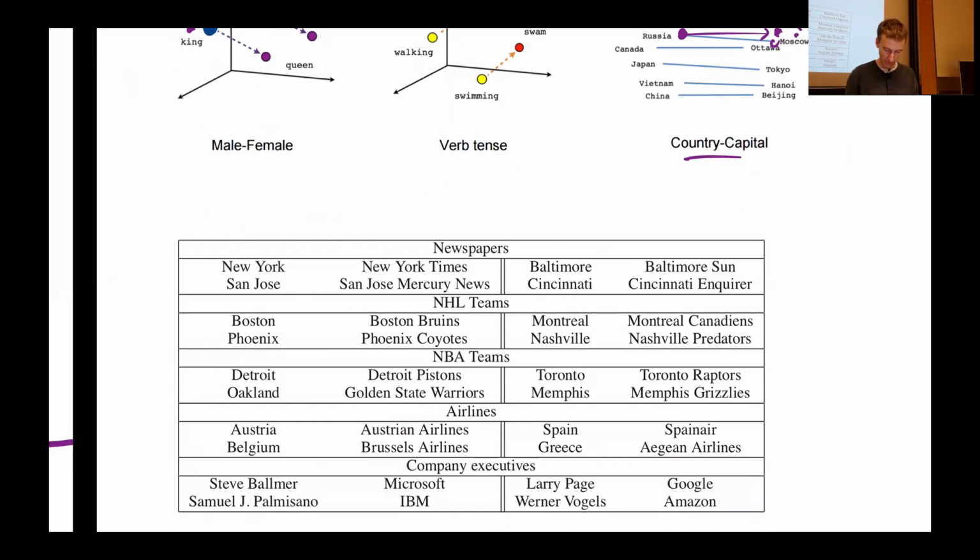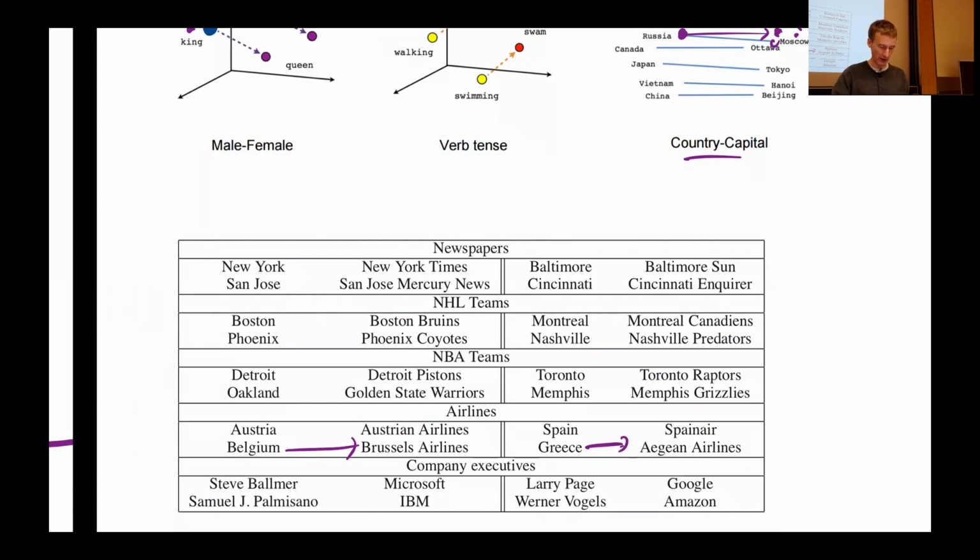It's really smart enough to relate these airlines. If you ask Belgium is to Brussels airline, then you attach it to Greece. It's not going to tell you Greece Airlines, but it's really smart enough to give you the correct airline.